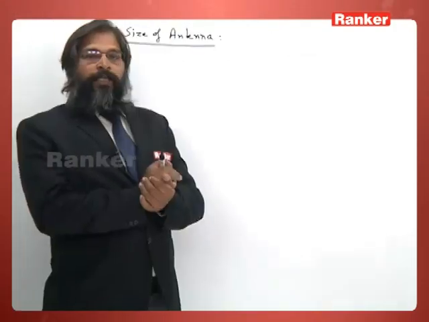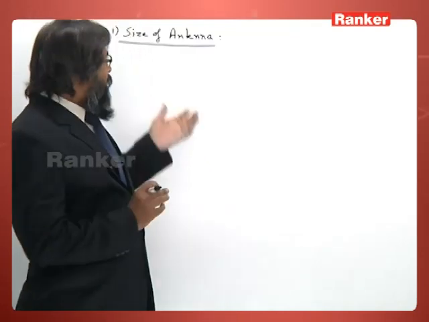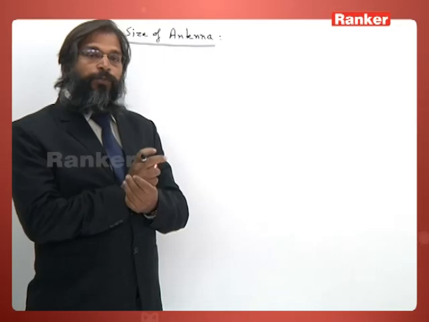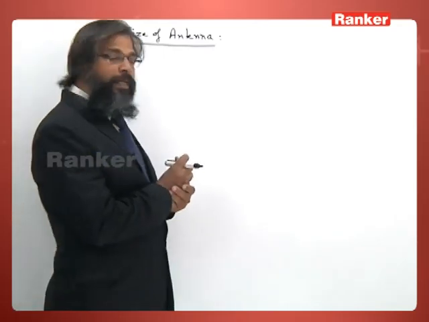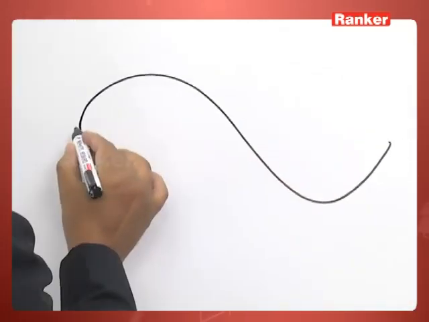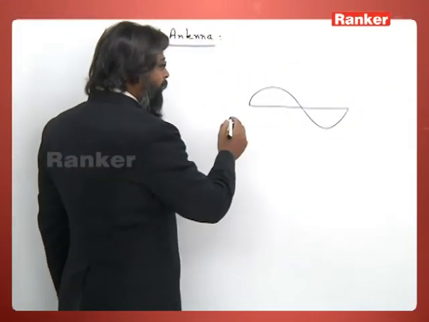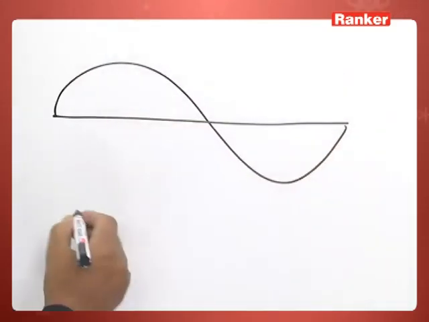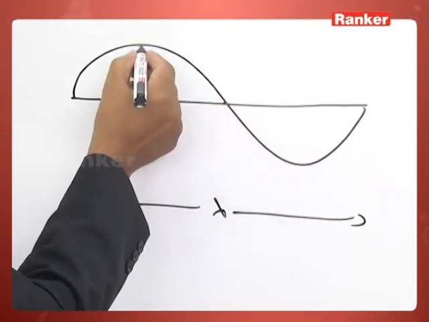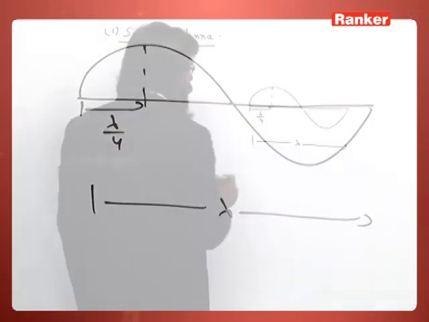Let us see it. Now, the size of antenna. How much size of antenna we require to transmit a signal will depend on the wavelength. Suppose this is the wavelength, lambda. Now, this is lambda by 2 and this length is lambda by 4.